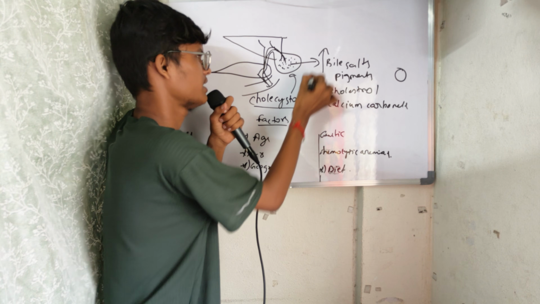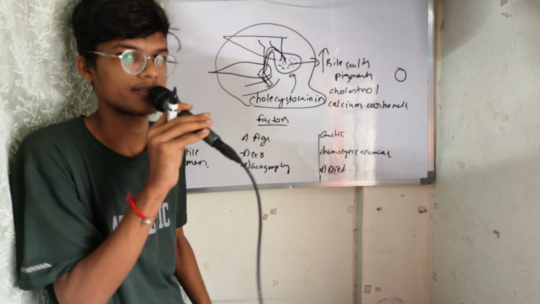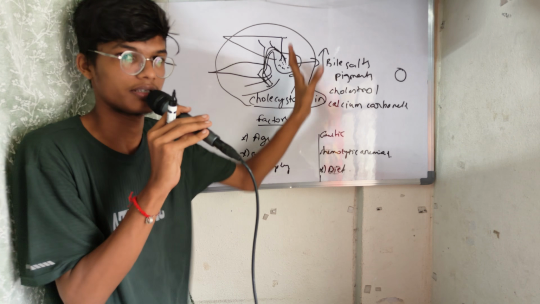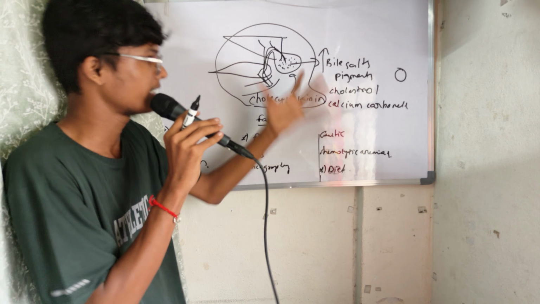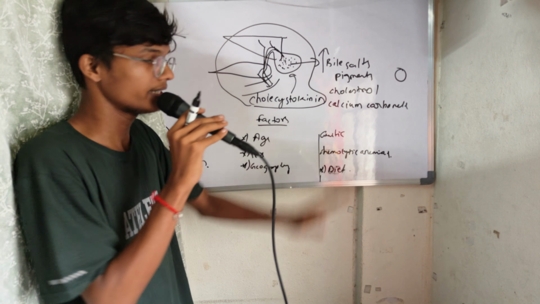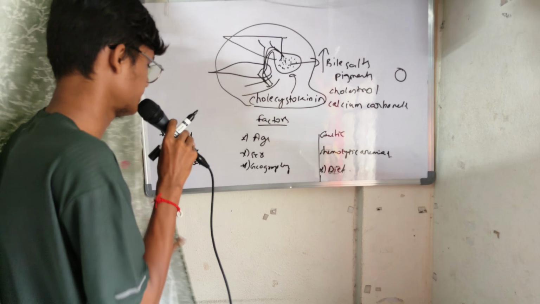After taking food, the small intestine releases cholecystokinin, which acts on the gallbladder's receptors and makes it contract, and the bile is more efficiently excreted into the small intestine. That is the normal physiology.